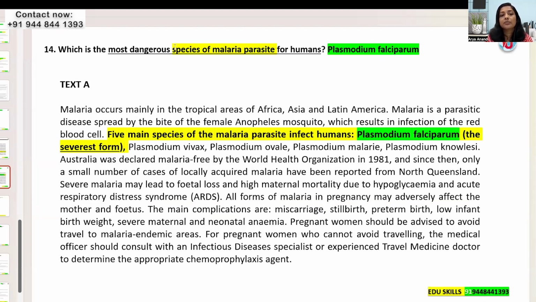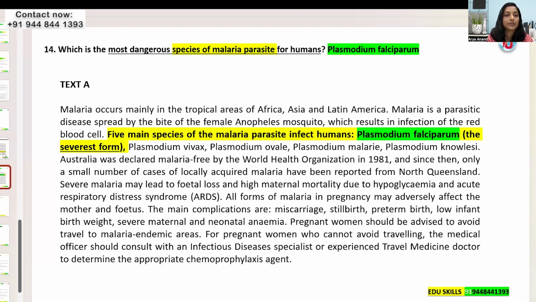Here we have read in your text A, five main species. You need to see the most dangerous one. So here Plasmodium falciparum, the severest form they have mentioned, right? All of these are for humans, but the severest form means the most dangerous one. Understood? Yes, ma'am.